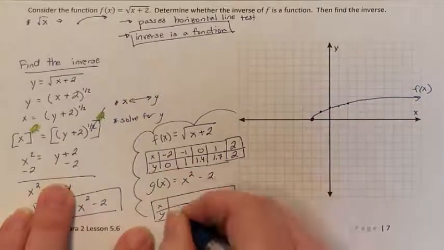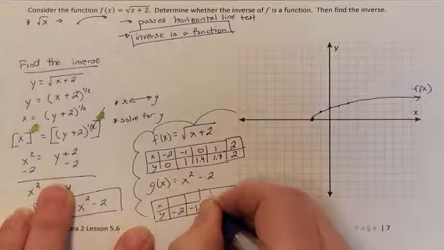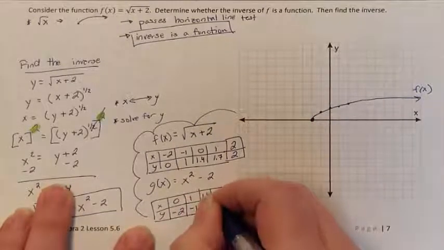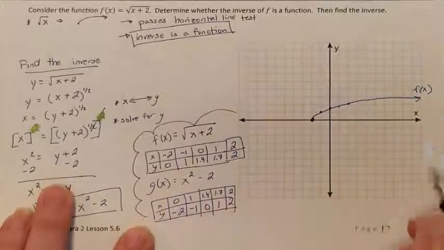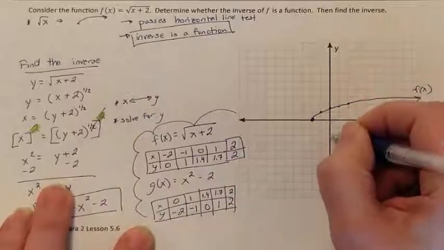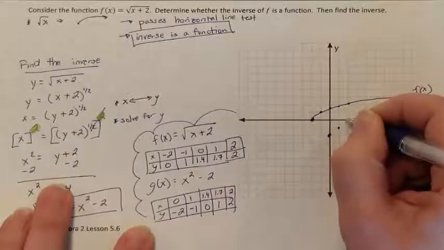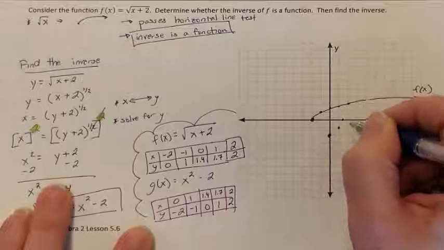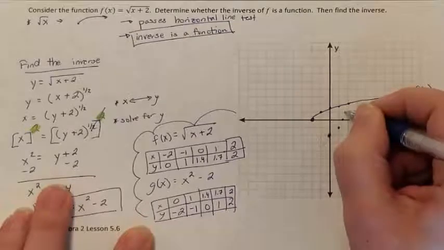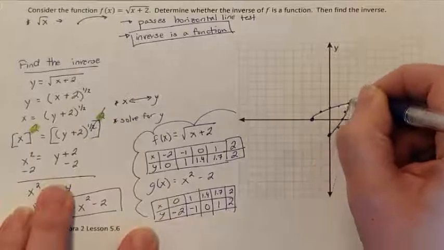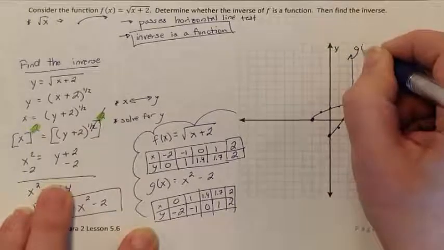The x's now become my y's, and my y's now become my x's. So I have 0, -2. I have 1, -1, 1.4, 0, 1.7, 1, and 2, 2. I see that it's starting to graph like this.